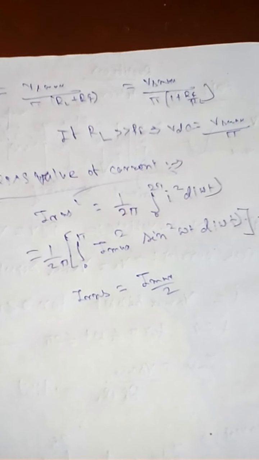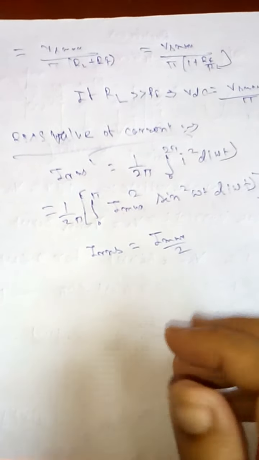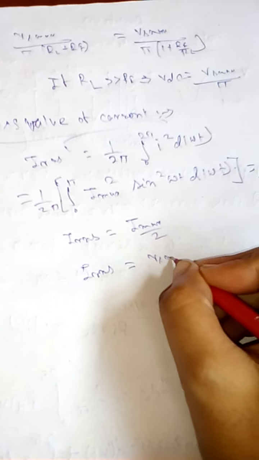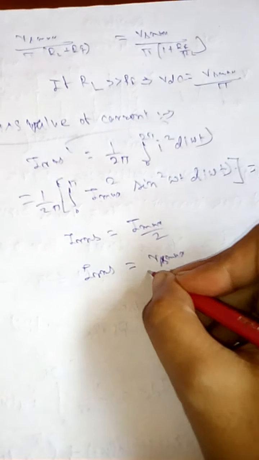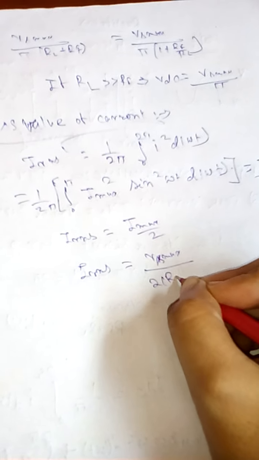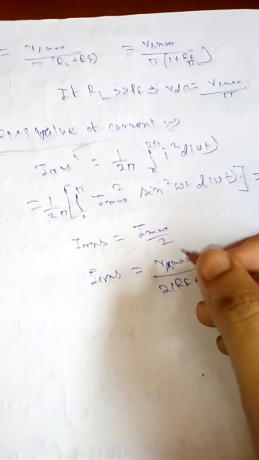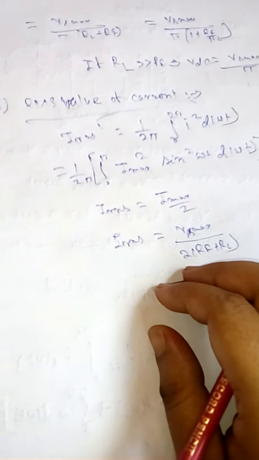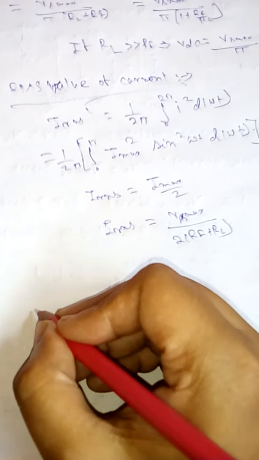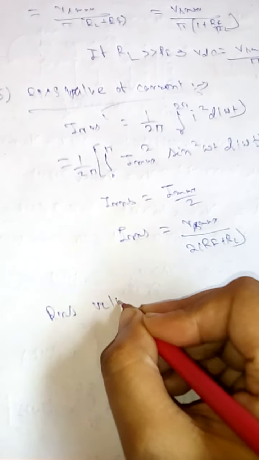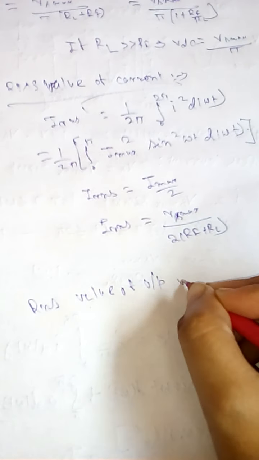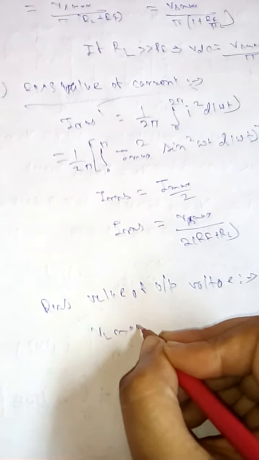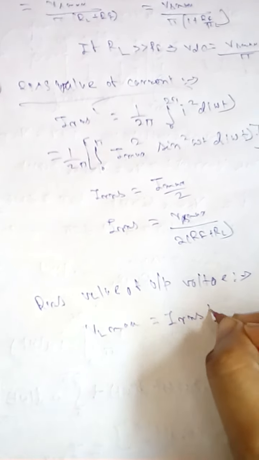So substituting the value, we get I RMS equal to Vs max by 2 (Rf plus RL). From the previous equation, if we put the value, then the RMS value of output power, PL equals I RMS square into RL.